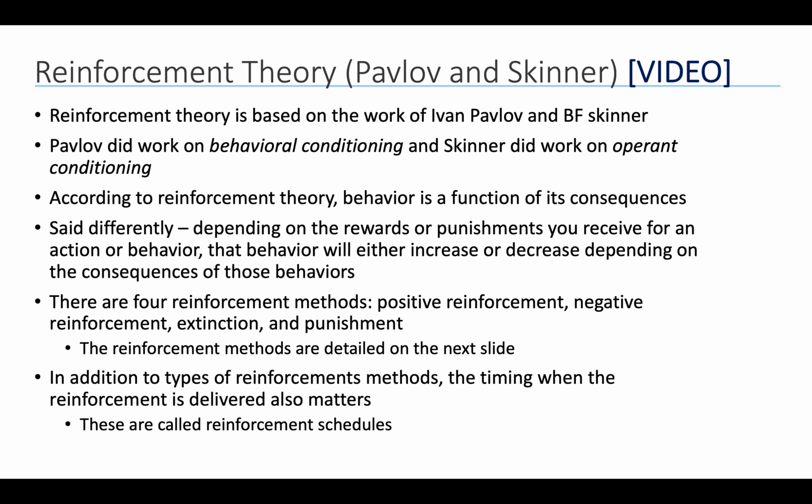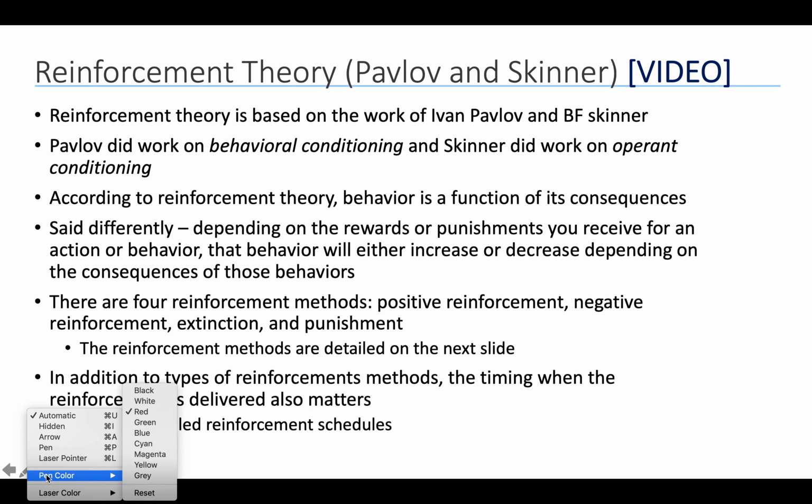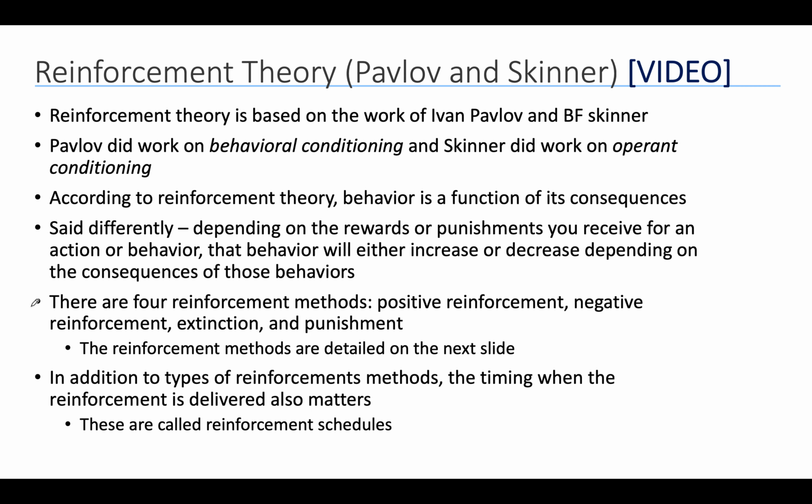There are 4 reinforcement methods. We have positive reinforcement, negative reinforcement, something called extinction, and punishment. Some of those terms are known to you and others are maybe a little bit new.